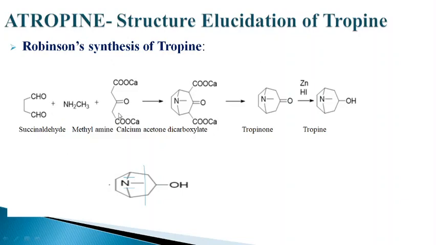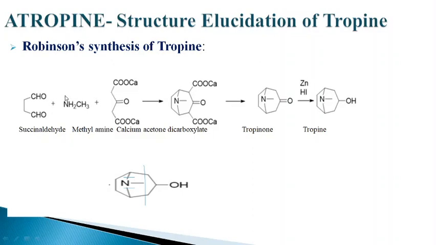These three reactants reacted in a double Mannich reaction, two times a Mannich reaction. As you can see, oxygen, hydrogen, and here the methylene group, a molecule of water was eliminated. Then the second Mannich reaction, hydrogen, oxygen, and this second methylene group reacted.